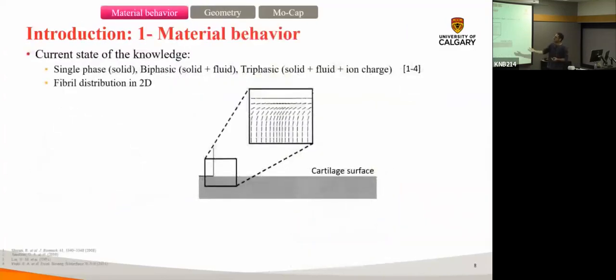We know that single phase, biphasic, and triphasic models have been applied to cartilage for simulation. Fiber distribution was modeled in 2D, and in this study, fiber remodeling was created.